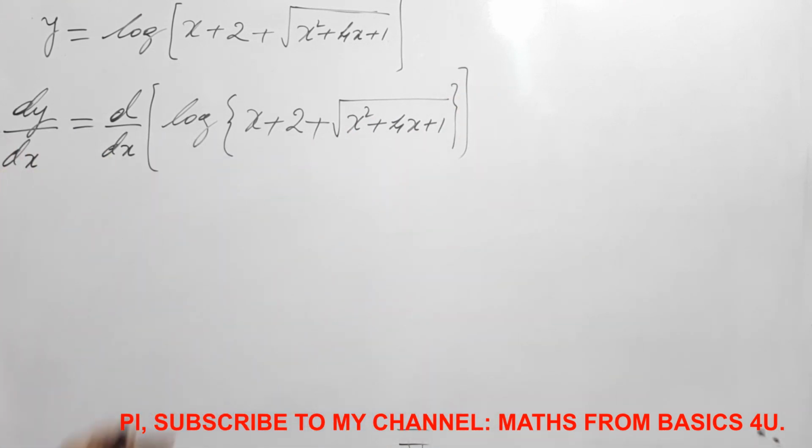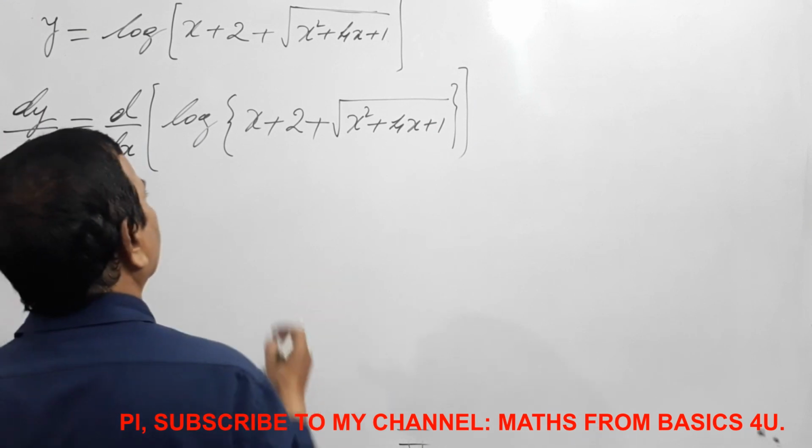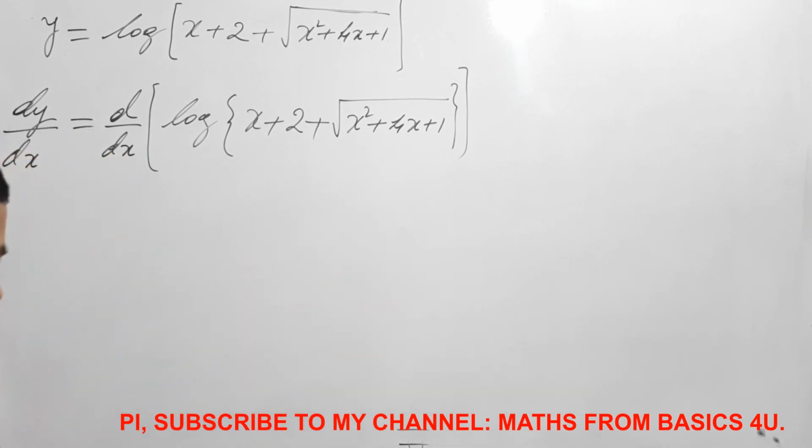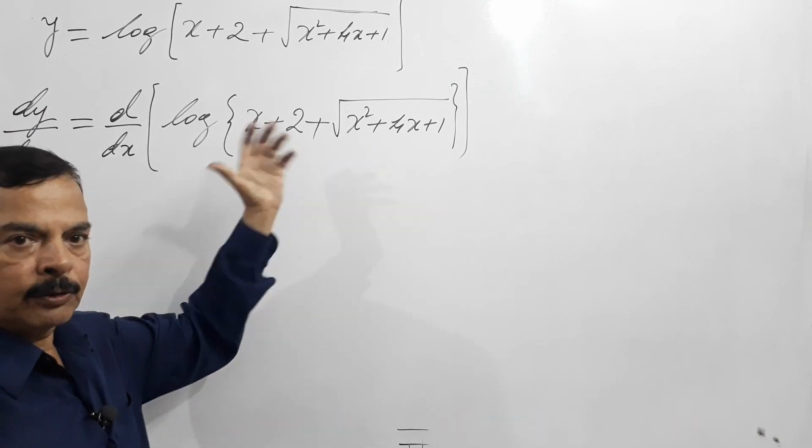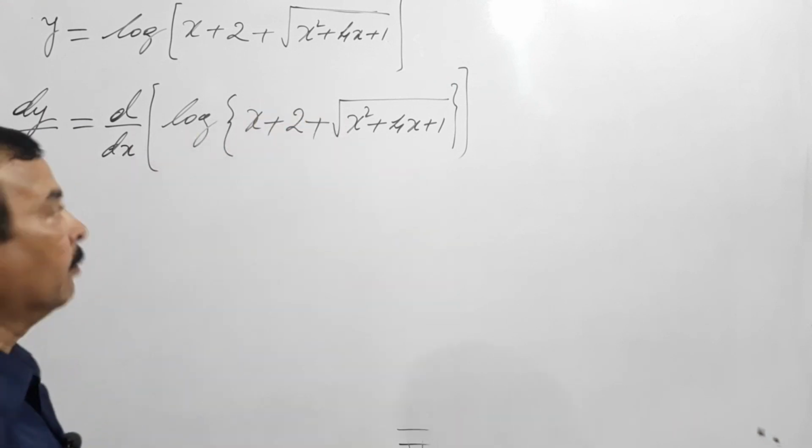So there is no need of the modulus bracket anyway. So as we know, whenever you get log of something, whatever is associated with log, bring it to the denominator.